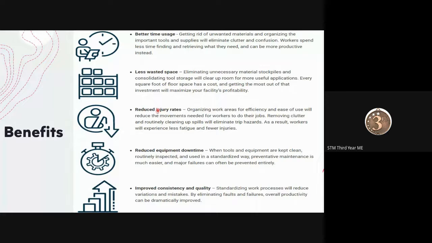Next, reduced injury rates. Normally it is not being said, but in some cases the 5S system also has another S, and it is called 6S, because it involves another component, that is safety. Safety is also implemented in the 5S system. It comes as an extra part.